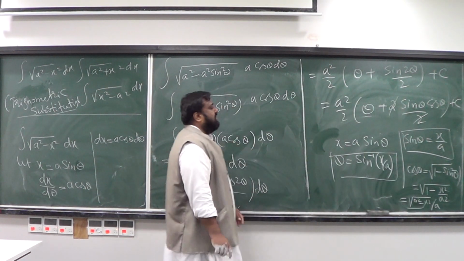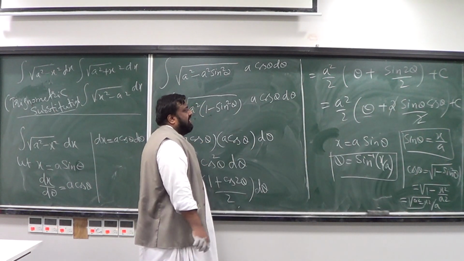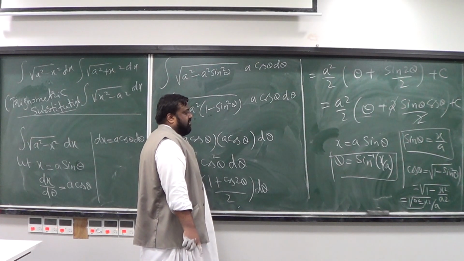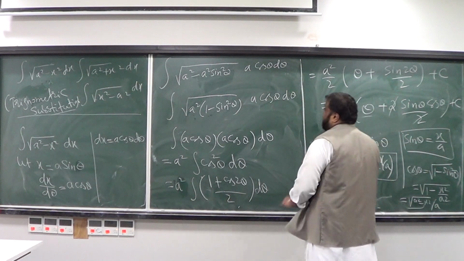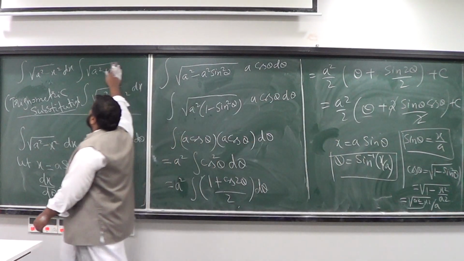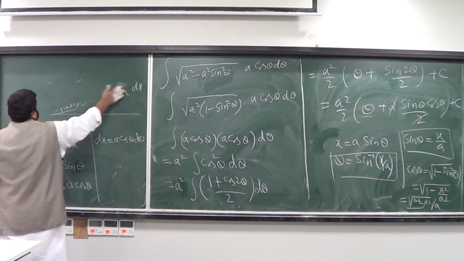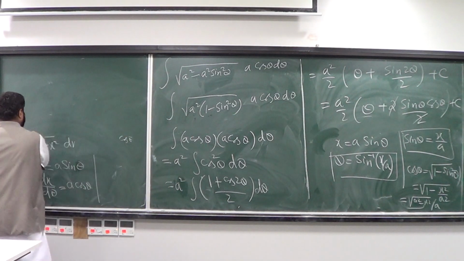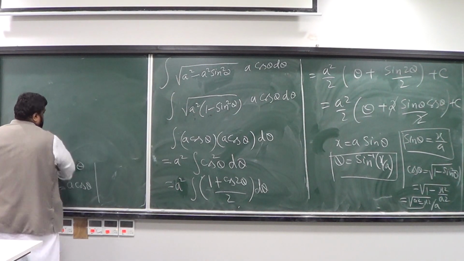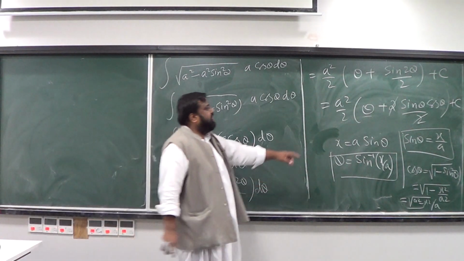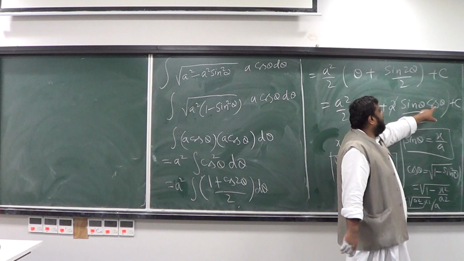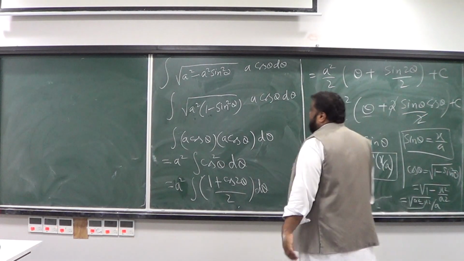Okay, so now you have a very concrete format. Now we have the value of theta, the value of sine theta, and the value of cosine theta, so substitute them back.